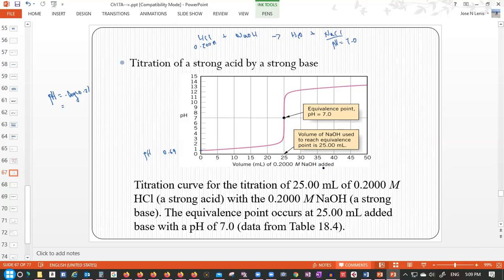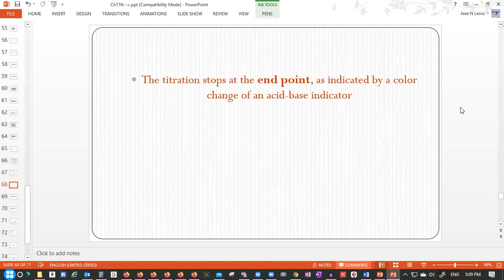But the graph can be changed if we are using different combinations, and that's what you are going to do in the lab. In the lab, you will see a demonstration about different titrations, different strength combinations of acids and bases, and you will see different shapes on the graph.